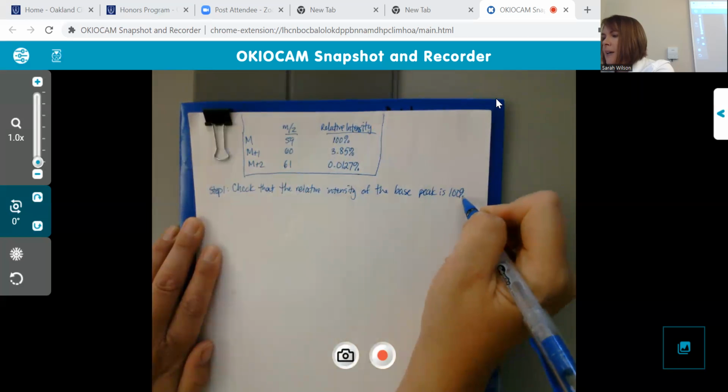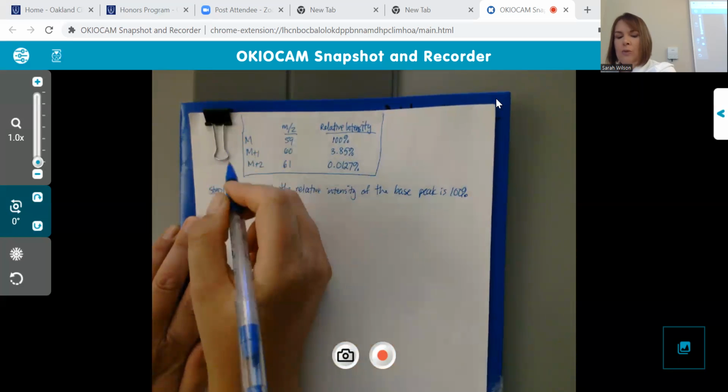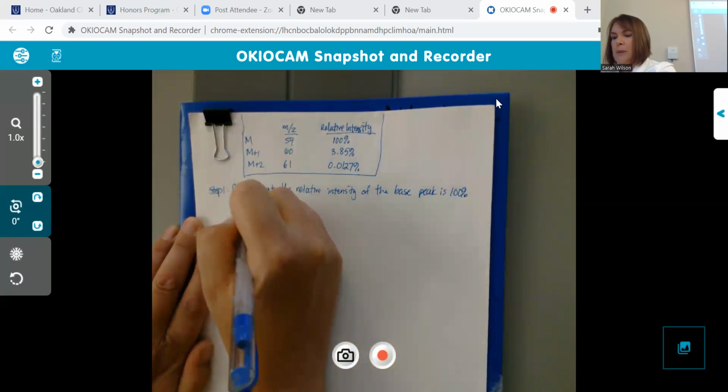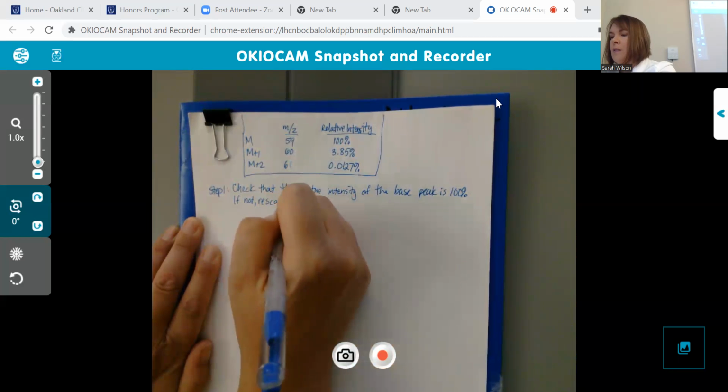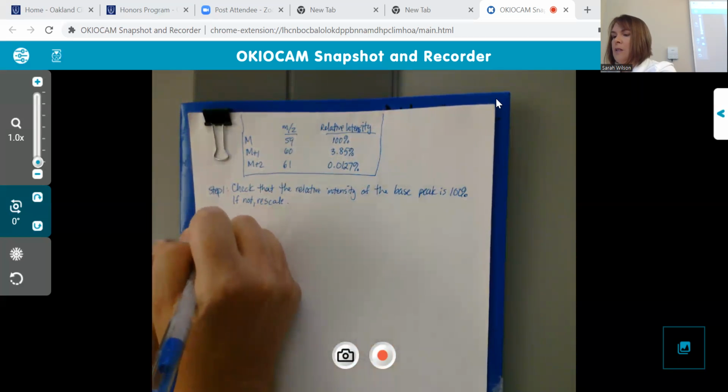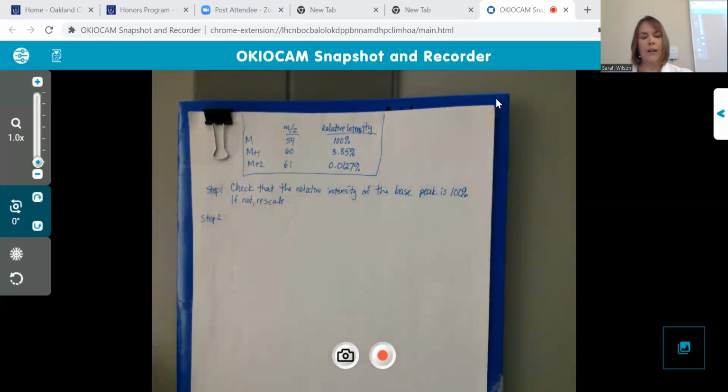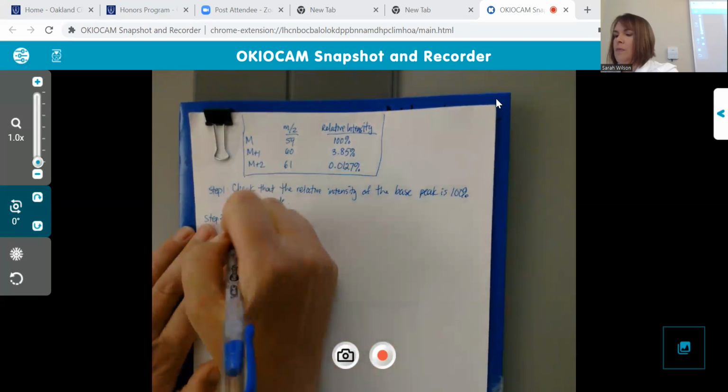If your base peak is not listed as 100%, you need to rescale, because that's what a base peak is supposed to be. Step 2 is to apply the nitrogen rule: if M is odd, there must be an odd number of nitrogens.